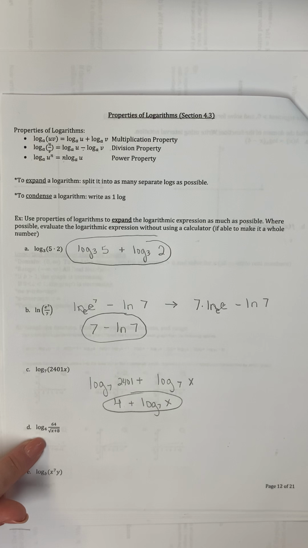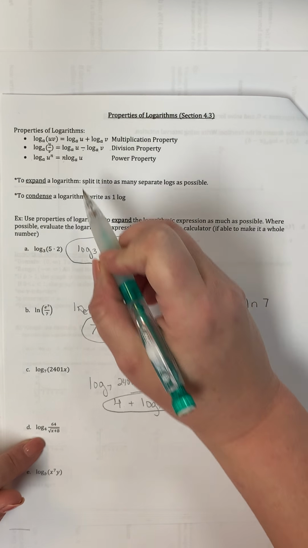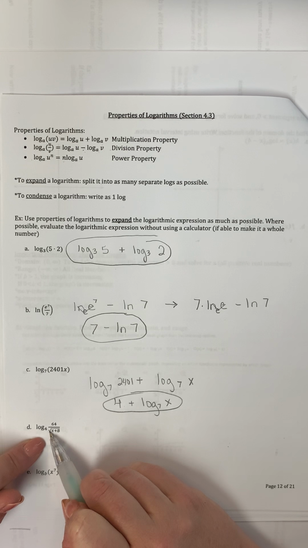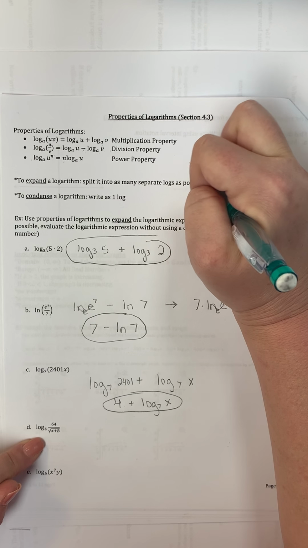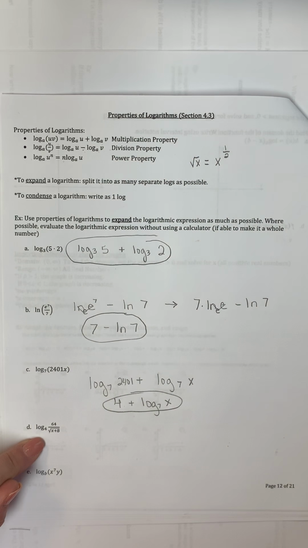Oh, D has a lot happening. So I have a division. Okay, I know that's going to be a subtraction when I expand it. And I also have a root. Well, I can't have a square root in an argument, but remember, the square root of X can be written as an exponent of 1/2. So I can rewrite this.